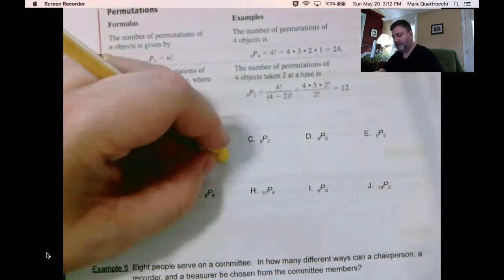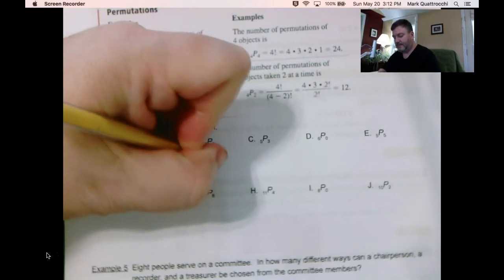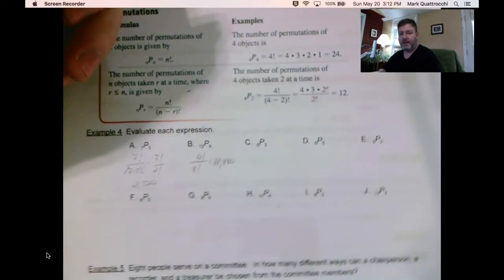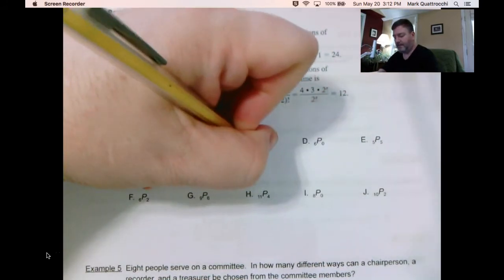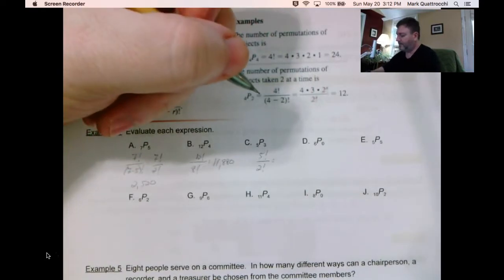Sorry, I must have hit a button incorrectly in my calculator. 12 factorial divided by 8 factorial is 11,880. 5P3 is 5 factorial over 2 factorial. 5 factorial divided by 2 factorial is 60.